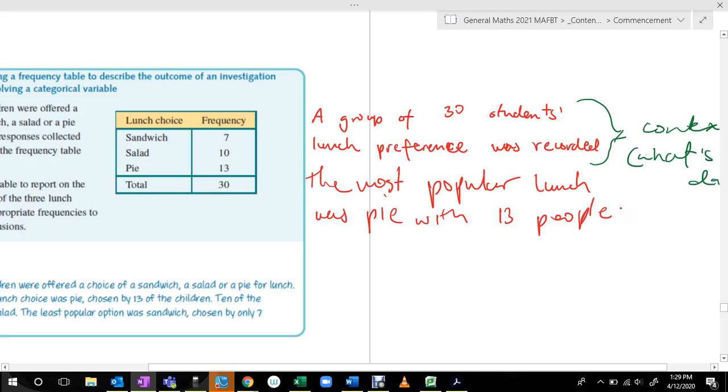You can just put that in as well, or you can just put the number in brackets. It's up to you. And then after that, you want to mention 3 or 4 other numbers in there. In this case, there's only 2 more. So you just want to say 10 liked salads and 7 liked sandwiches.